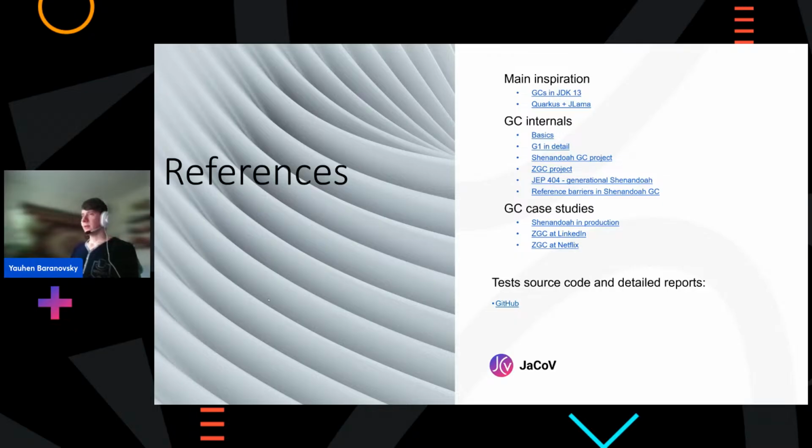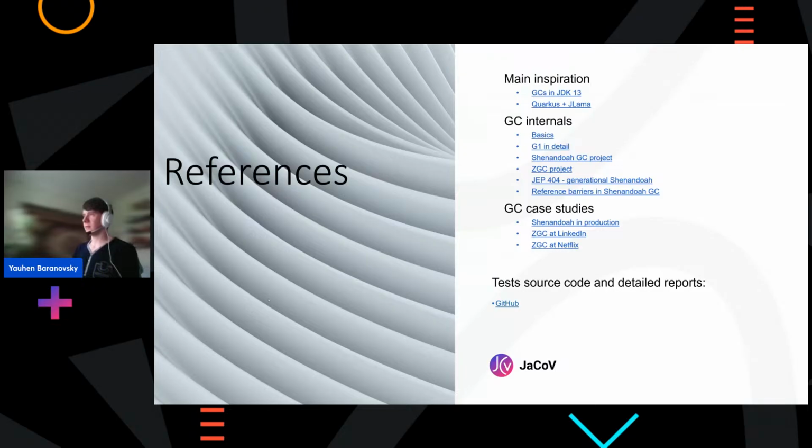And as for the information that I wanted to share with you, this is basically it. On this slide, you may find some useful articles, links to the materials that gave me inspiration to create those benchmarks.